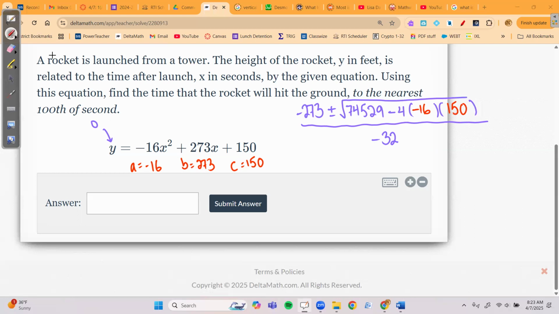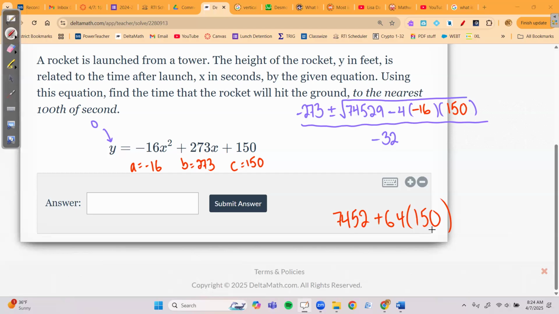In a case like this, I'm just going to type into my calculator 74,529 plus 64 times 150. And I just did the 4 times 16. You wouldn't have to do that if you didn't want to. But the point I'm trying to make is, just dispense with the negatives. You know they're going to go away, get them gone. And then just type it in because I'm interested in that number.